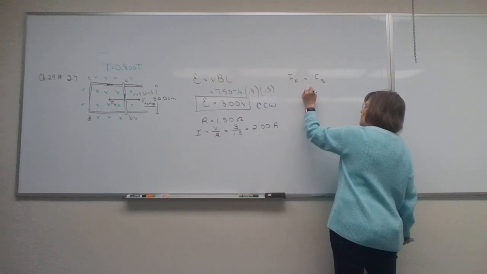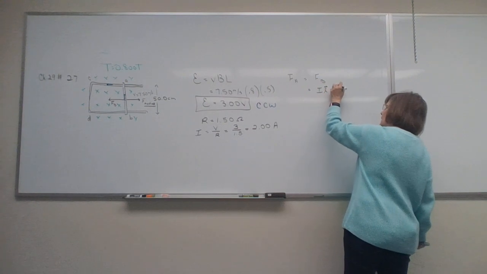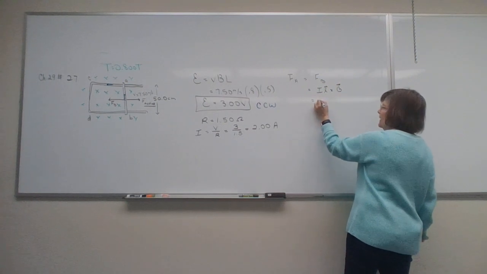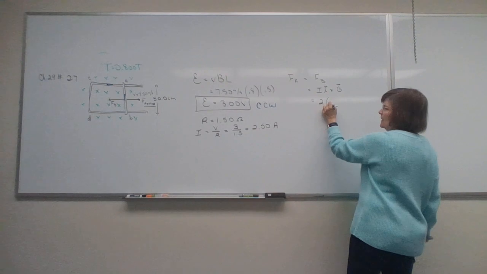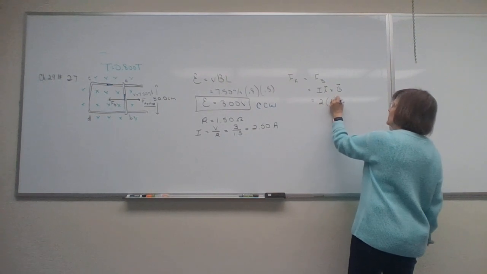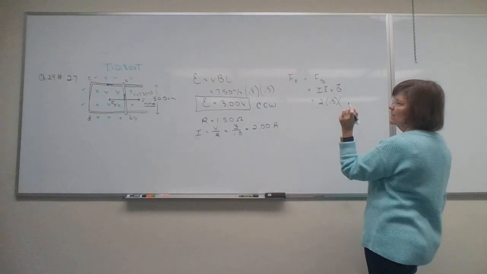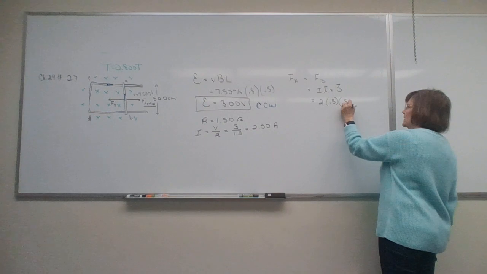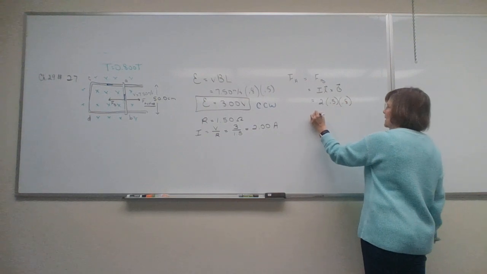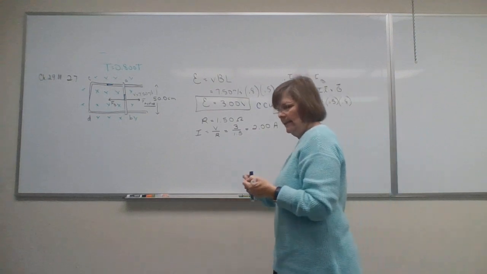I want the applied force to equal the magnetic force. And the magnetic force is IL cross B, or ILB, so 2 amps, 0.5 meters long. B is 0.8 Tesla. 2 times 0.5 times 0.8.